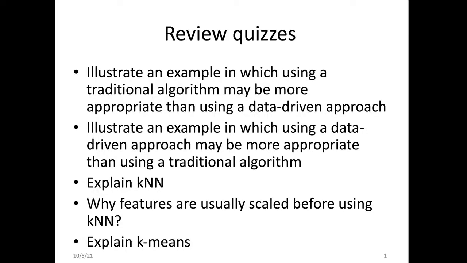So how to do that? We randomly select k data points as the centroids, and then we decide the boundary based on the k centroids. After the boundary is decided, we find that the previously assumed k centroids are not the centroids for the current setting. Then you need to update the centroids.